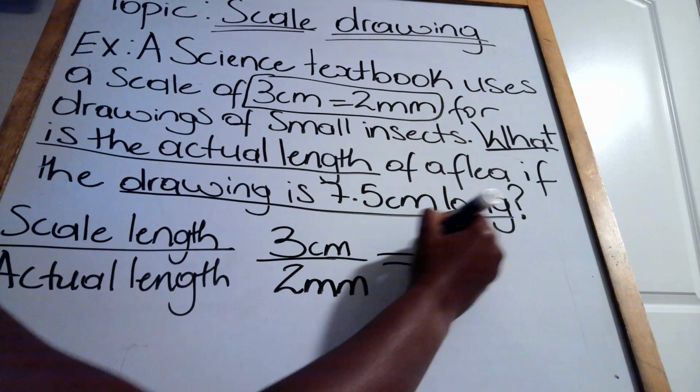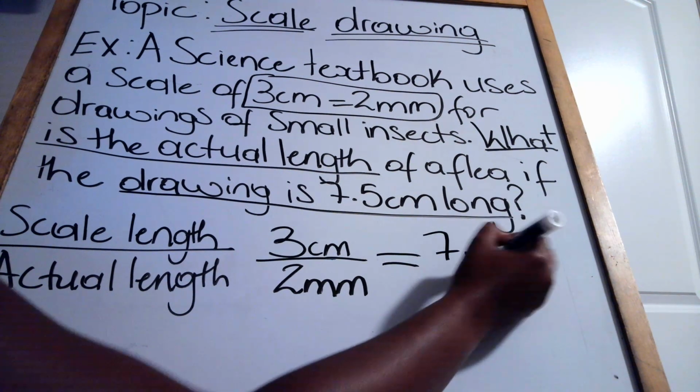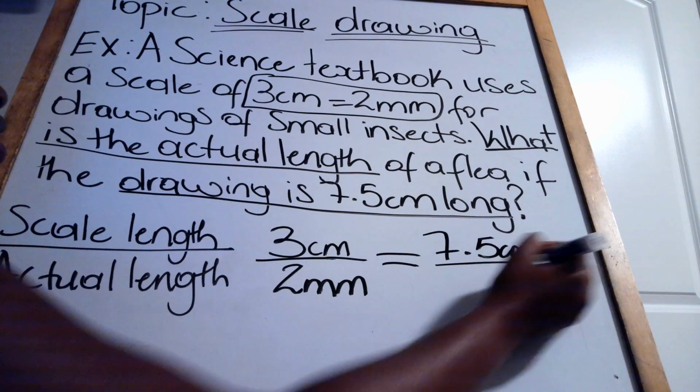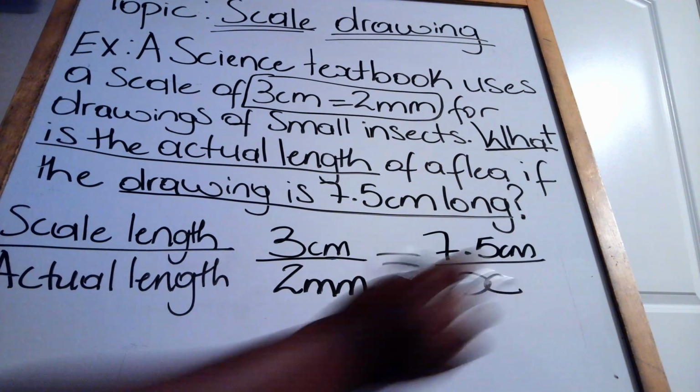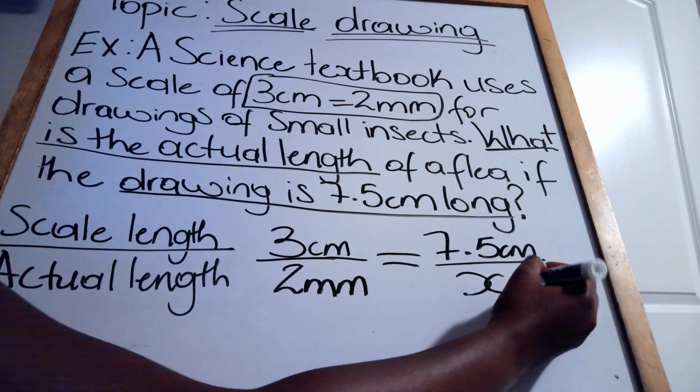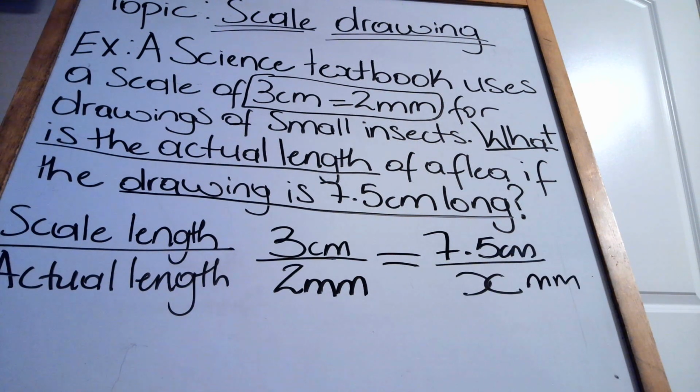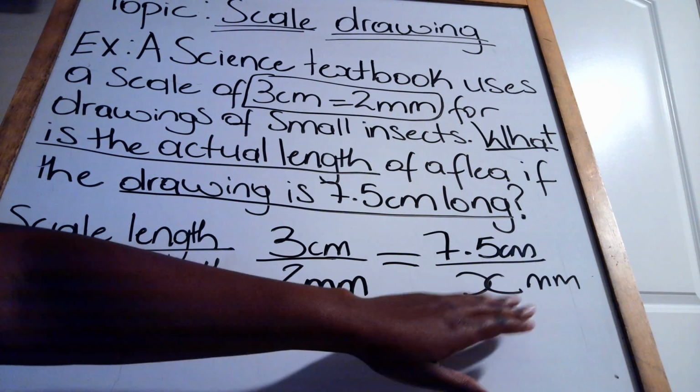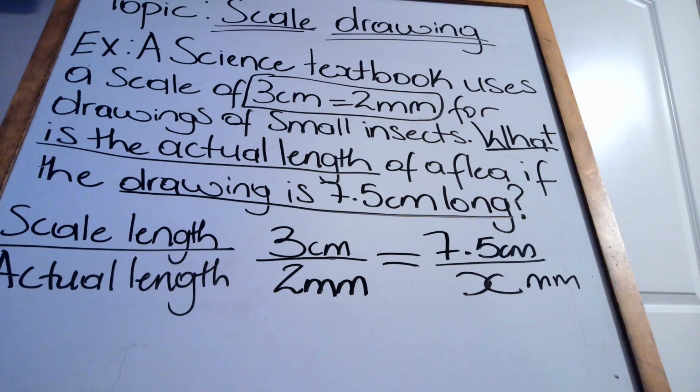So 7.5 will go in the numerator, and we want to find the actual, which goes in the denominator. We know that's going to be in millimeters. So we use a letter for the unknown that we want to find.